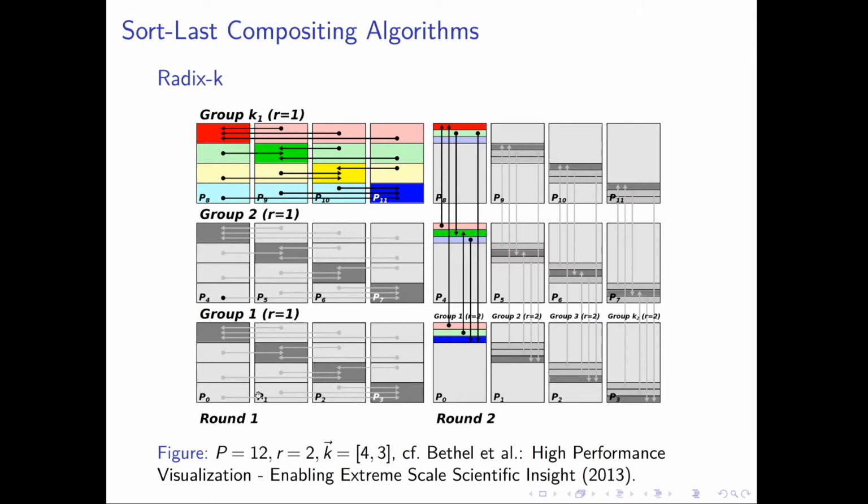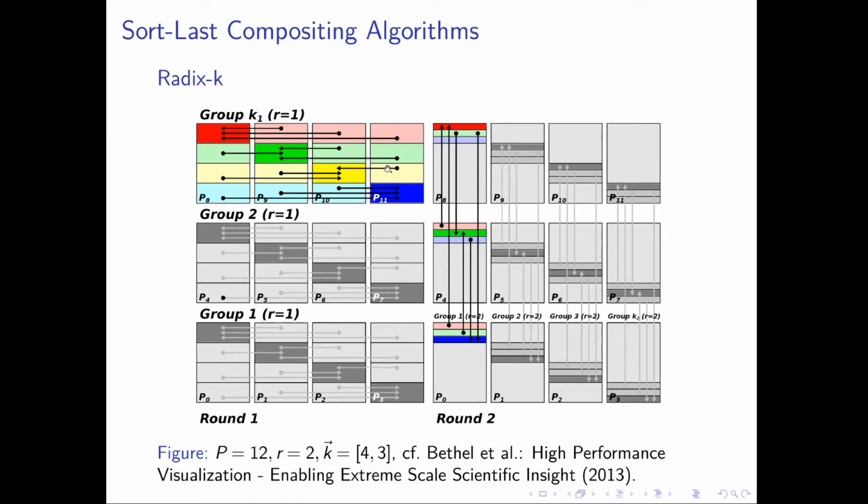You can see how the 12 processors are distributed into those 3 communication groups of size 4, and all those communication groups internally perform a direct send. I'm illustrating this for the communication group where processors P8, 9, 10, and 11 are in. And the other groups would work similarly on their own part of the image.